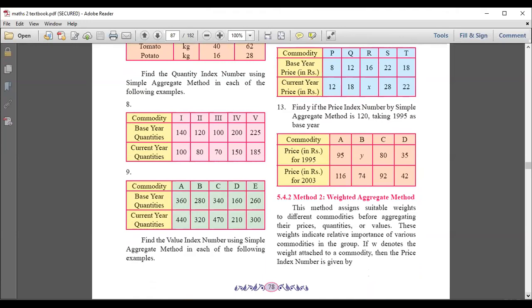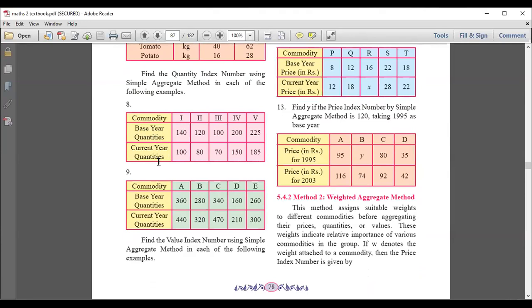As you can see, the heading is: find the quantity index number using simple aggregative method in each of the following examples. The question looks the same, only instead of price, quantities have come. That's the only difference. There are 3 columns: commodity, base year quantity, current year quantity. Pattern is the same.